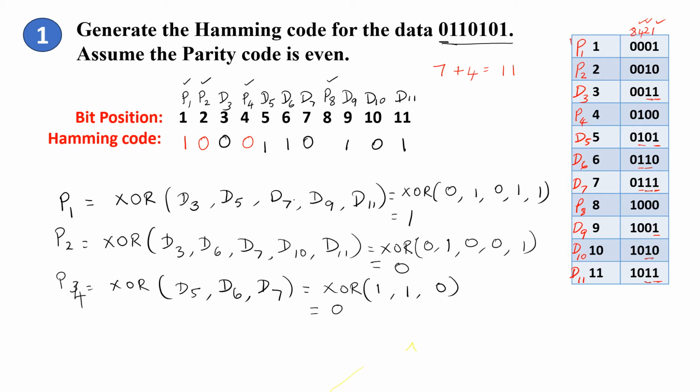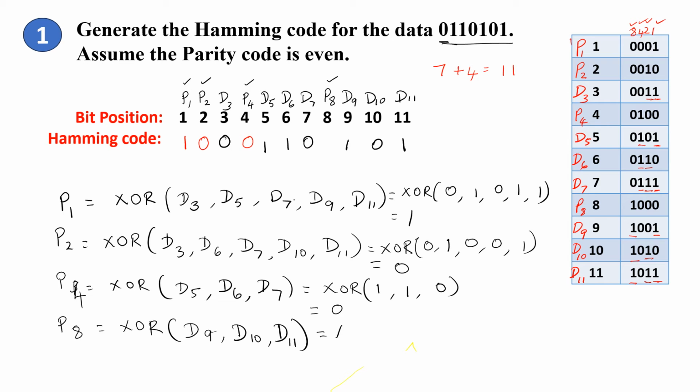Next we are going to do P8. P8 is equal to XOR of. Let's choose among the data bits the fourth position. In the fourth position 1 should be there as the fourth bit. 1 is present in D9, D10 and D11.